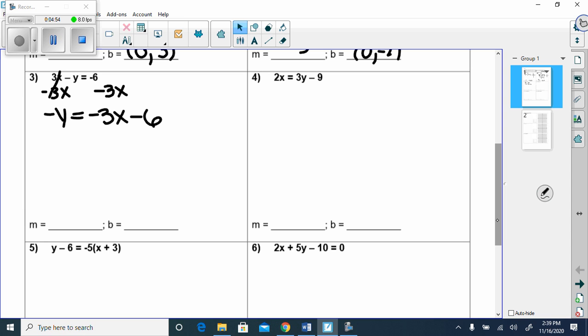Am I done? No, you've got to divide by the negative on all. We don't want the y to be negative, so we have to divide by negative 1 to make it positive. But if I divide that by negative 1, I've got to divide everything else by negative 1 as well. And all that's going to do is change the signs. So now I have positive y equals 3x.